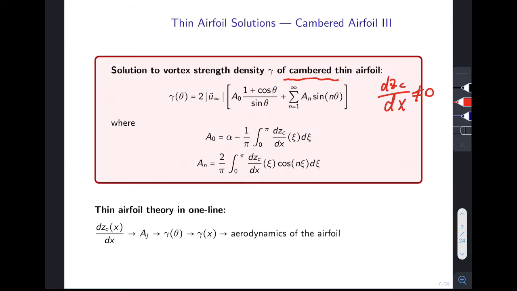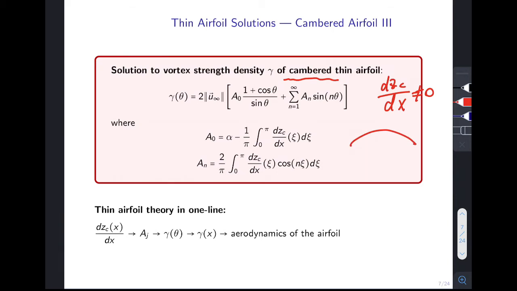But if it's zero, it's also included in this form. It's just a fancy way to say it includes the effects of a non-zero camber slope. That means it's a solution to the cambered thin airfoil.